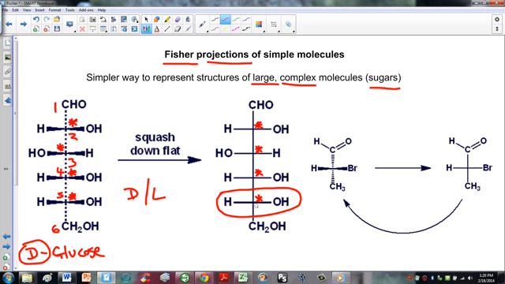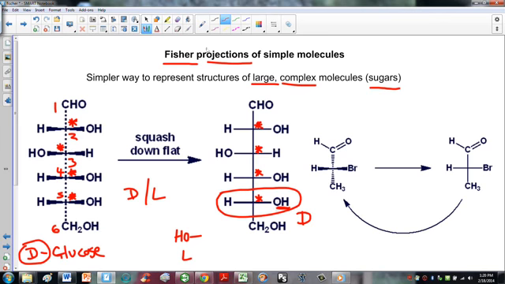So if that's the last carbon, the carbon that's last but one is the penultimate carbon. Specifically, the OH on that carbon, all right? The OH is either going to be pointing to the left or to the right. In this case, it's pointed to the right, which makes it a D sugar. That's why this is D-glucose. L-glucose would be the same thing, but with the OH on the left. All right? It's only the last but one carbon, the penultimate carbon, that D and L come from.